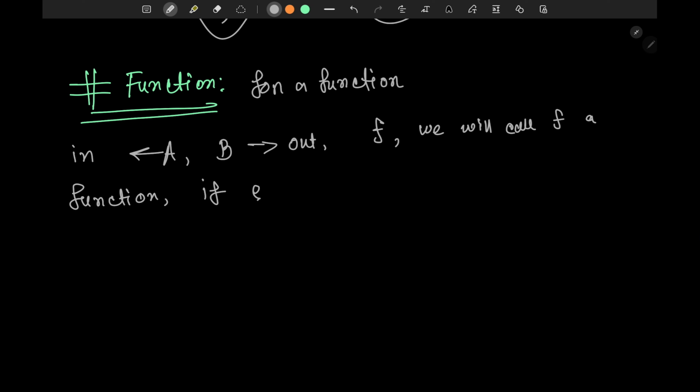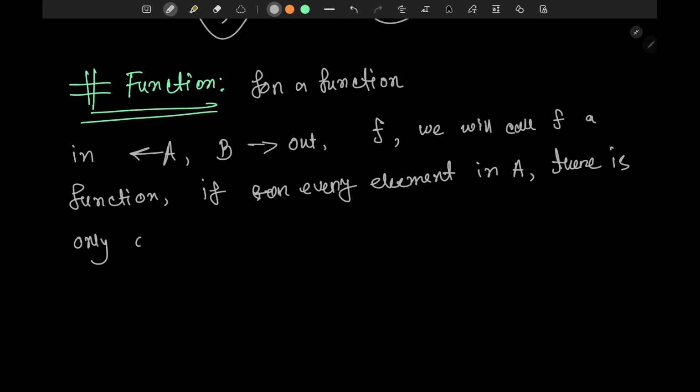If for every element in set A there is only a unique output into set B.